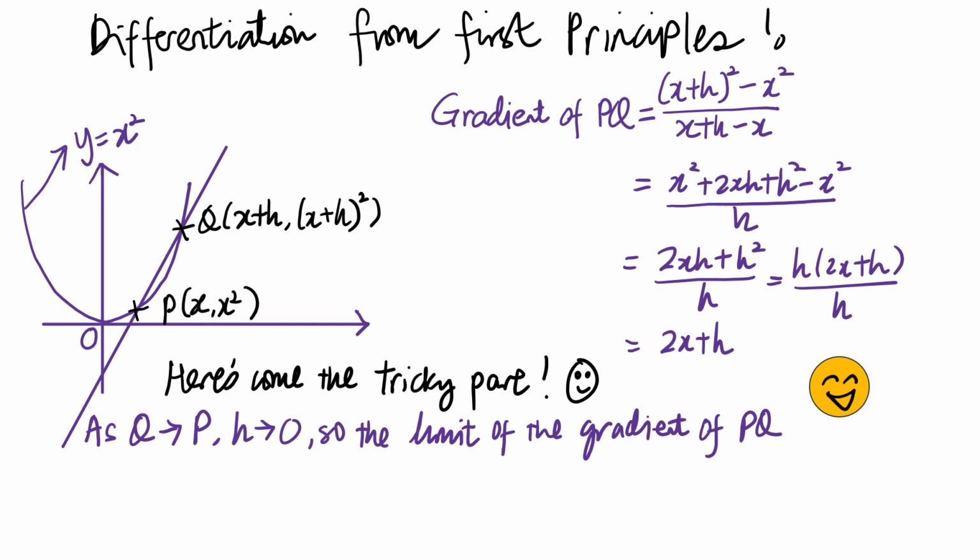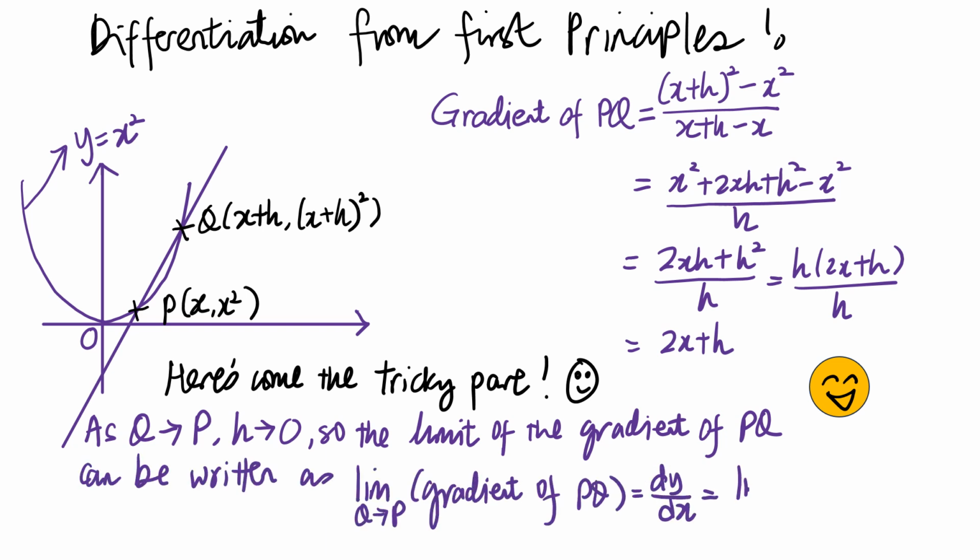So the limit of the gradients of PQ can be written as the huge thing there. What it's trying to say is that this point Q wants to get very close to the point P, and hence when we take the limits of the gradients of PQ, somehow this beautiful symbol appears.